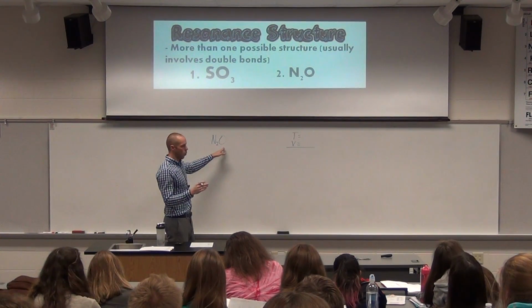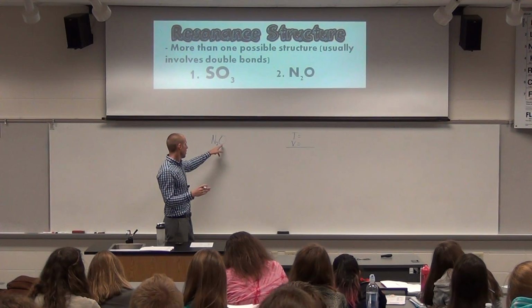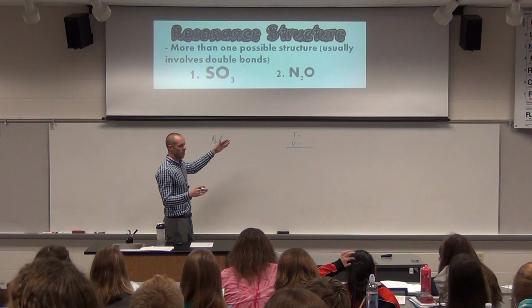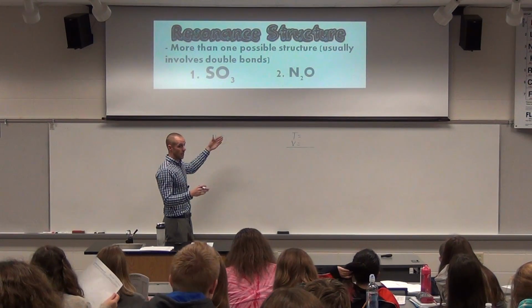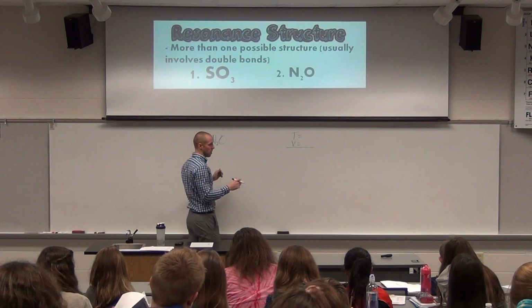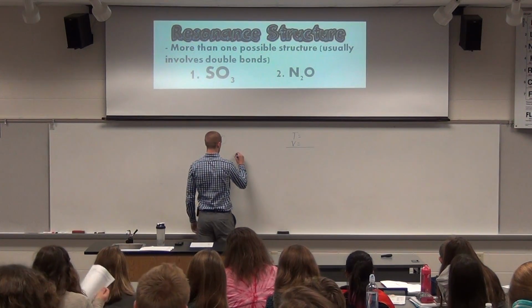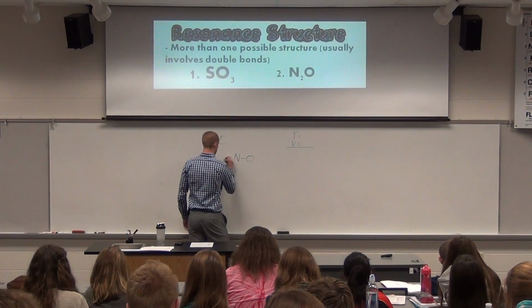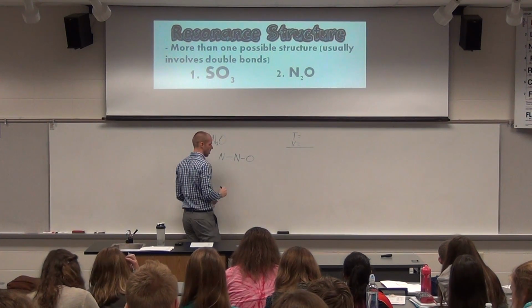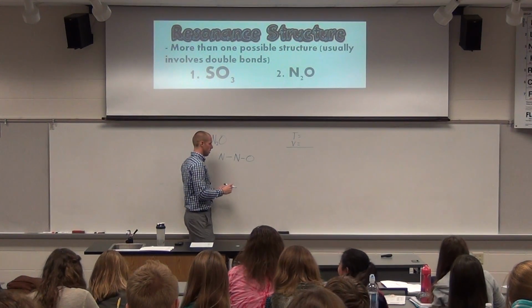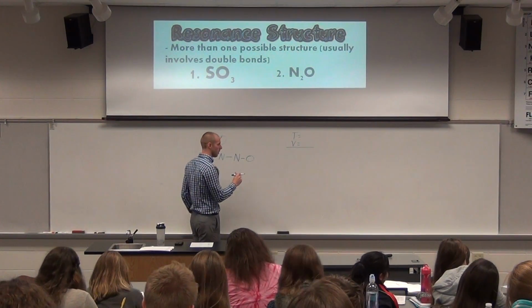There's one less oxygen, so there's more nitrogens, but what do you notice about nitrogen's electronegativity? It's less electronegative. So there's going to be an N in the middle here, but we would tell you this. So we're going to have N bonded to an O, bonded to an N on the other side. This is a more challenging problem, that's why I'm showing you it right now, so you don't get caught on what you're doing.